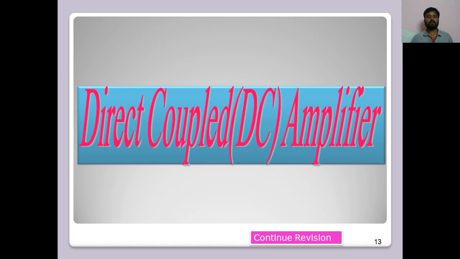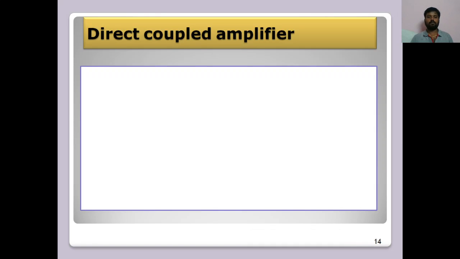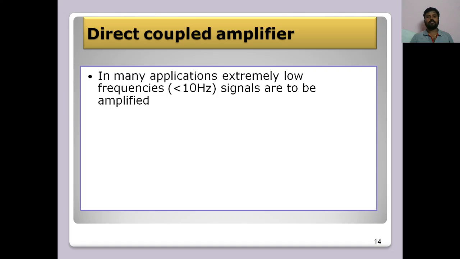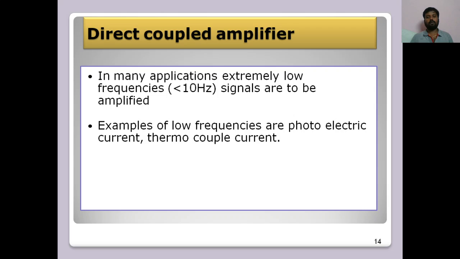Let us go to today's topic, that is a direct coupled amplifier. What is a direct coupled amplifier? In many applications, extremely low frequencies, that is less than 10 Hz signals, are to be amplified. Examples of low frequencies are photoelectric current, thermocouple current.